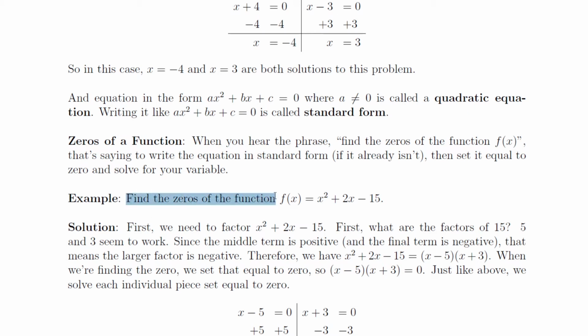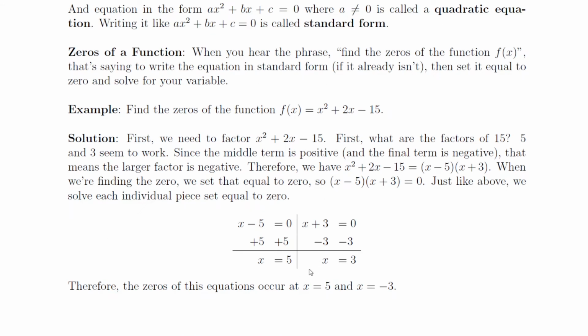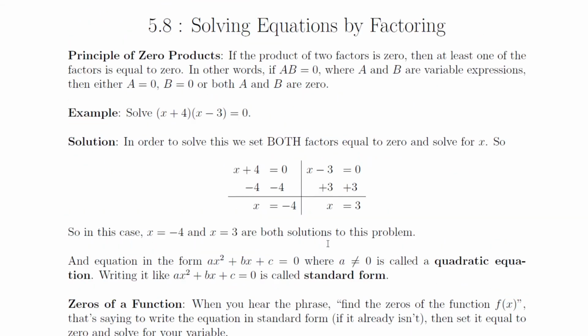So for example, if I say find the zeros of the function x squared plus 2x minus 15, basically I'm saying x squared plus 2x minus 15 equals 0. That's it. Solve for exactly the same thing that we did above. So you can go through this example here. Again, it's just something specific for your notes.